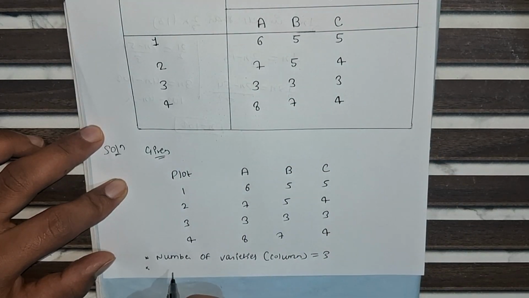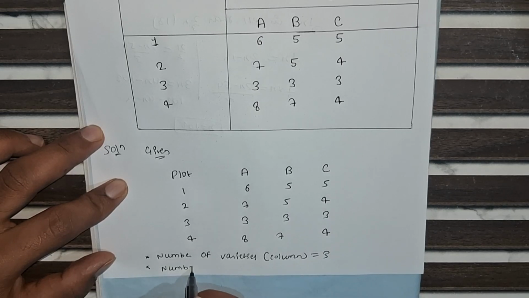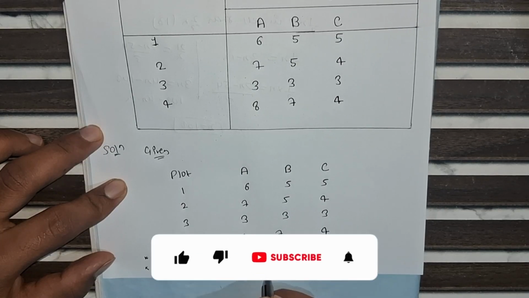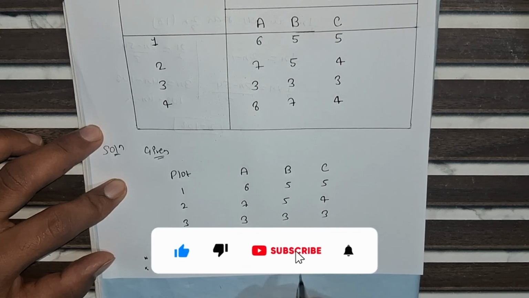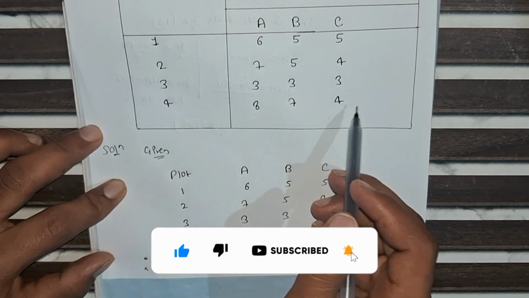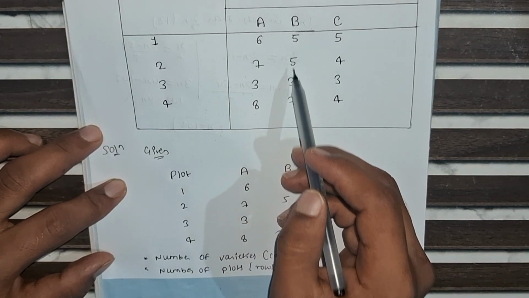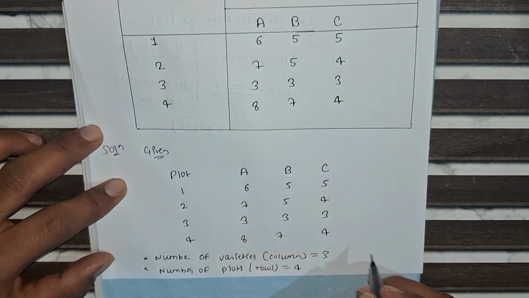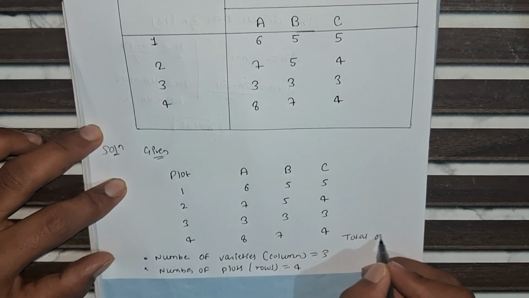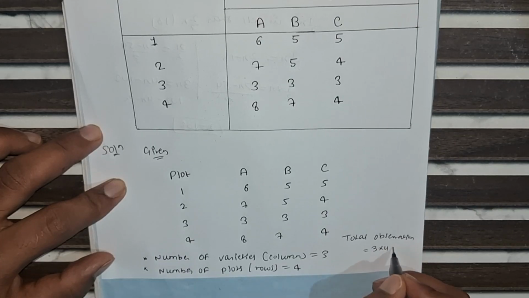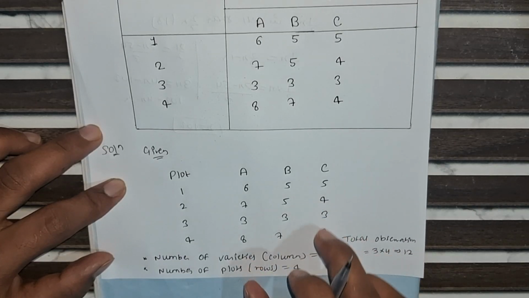Like that, number of plots, which is nothing but rows, equals 4, because 1, 2, 3 and 4 rows are there. And the total number of observations is nothing but 4 into 3, which equals 12. Like that 1, 2, 3, 4, 5, 6, 7, 8, 9, 10, 11, 12. So total observations is nothing but 3 into 4, which equals 12. So this is the data which is given in this question.